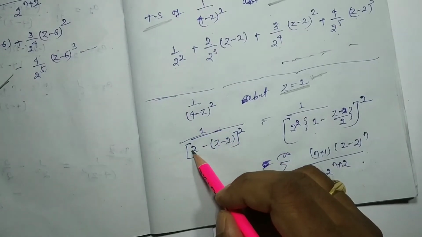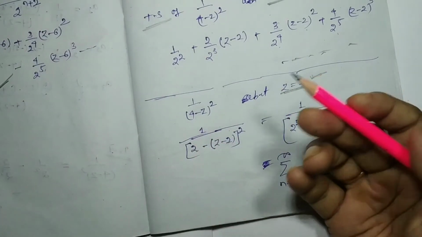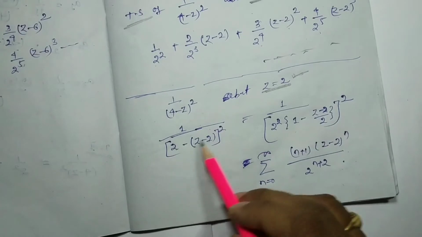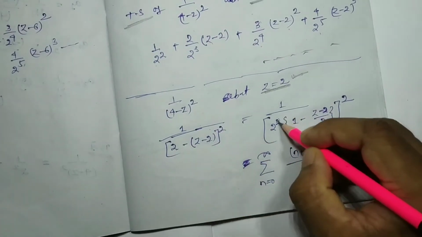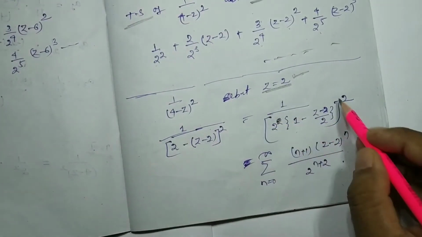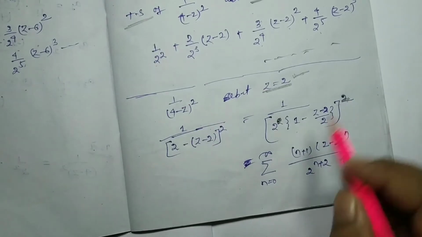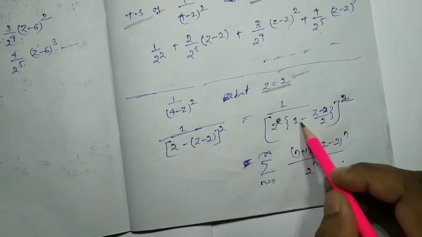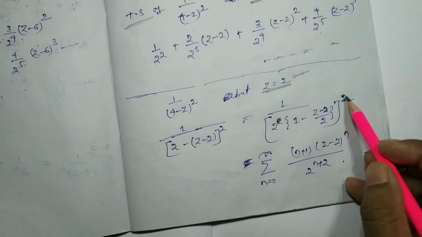Here plus 2 is 4 minus z we can get. So now we are going to take 2 common from this and this term. See, the whole bracket square is there, so I have taken 2 common from this term and this term. So it will be 1 minus z minus 2 by 2 whole square.